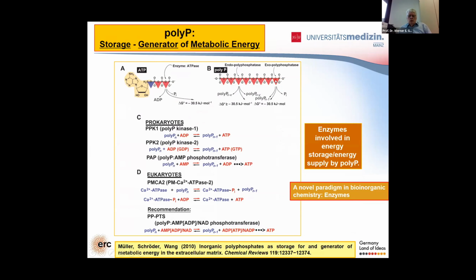Then, according to the findings of Kornberg and others, it was known that if in the body an energy-rich bond is hydrolyzed, the energy which is stored in this bond is at least in part transformed into a metabolically useful material, into ATP.